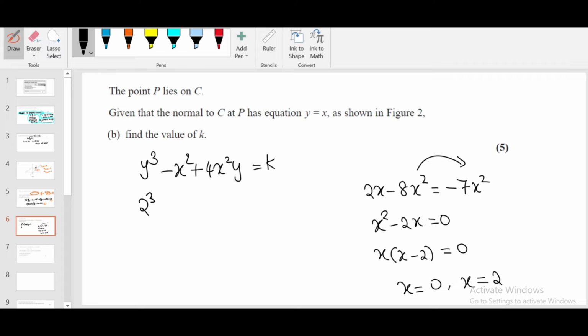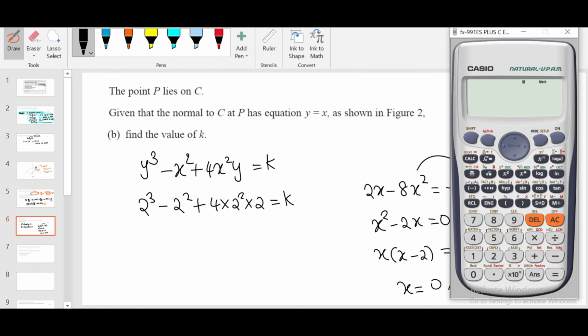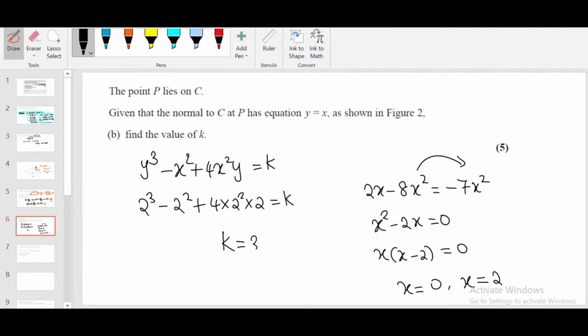So 2 cube minus 2 square plus 4 times 2 square times 2 is equal to k. So 2 cube is 8 minus 2 square plus 4 times 2 square times 2. So the value of k is equal to 36. That's all. That's how you solve it.